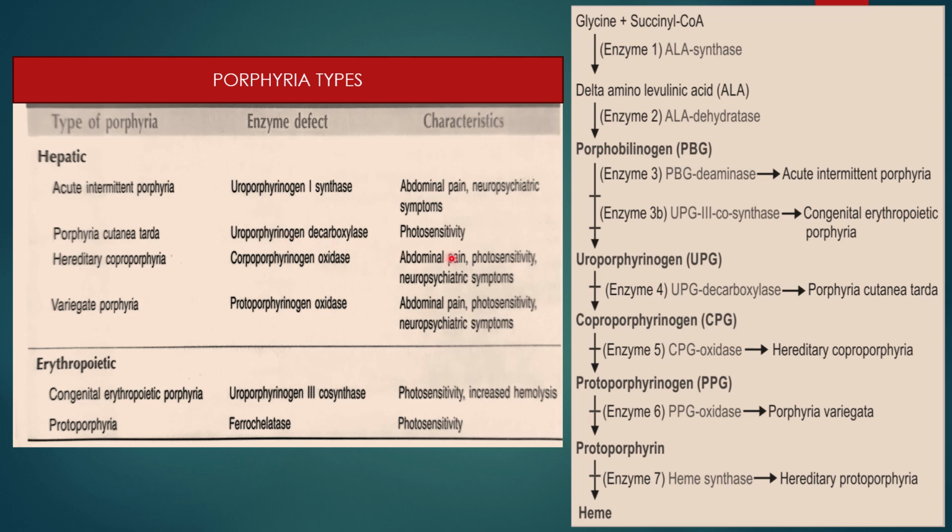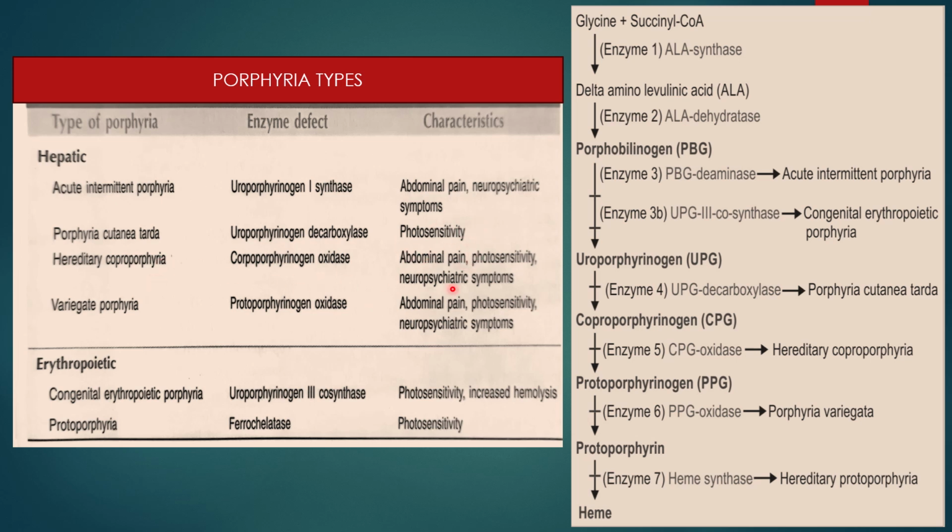It is associated with photosensitivity, and there are marked lesions in the skin because of exposure to light. There is a lot of damage to lysosomes, and that leads to lesions in the skin.